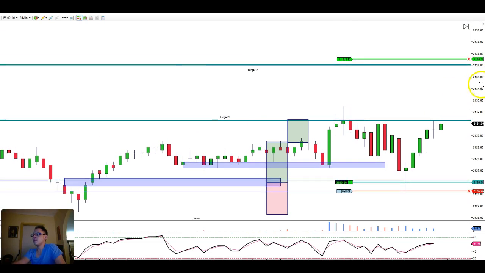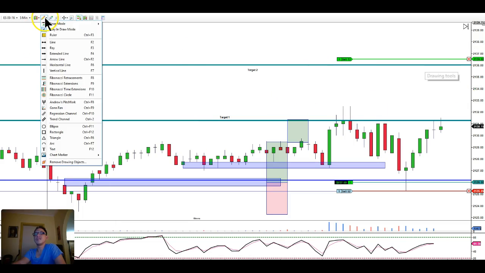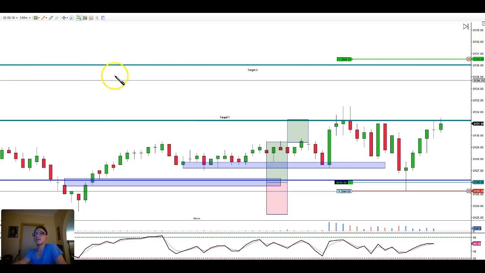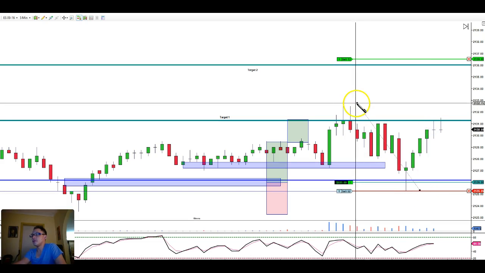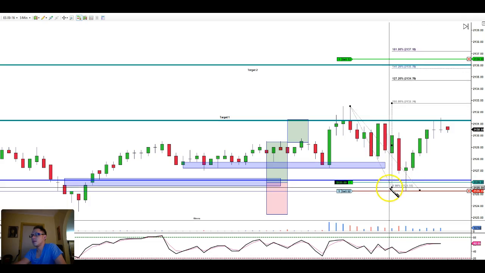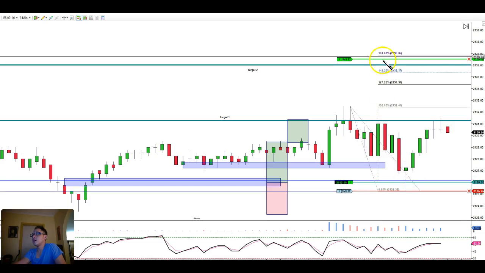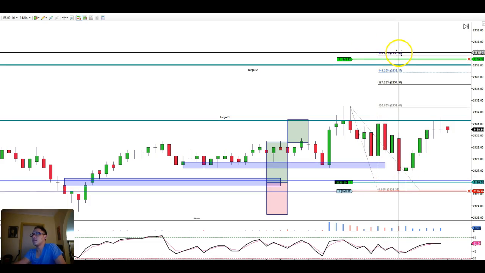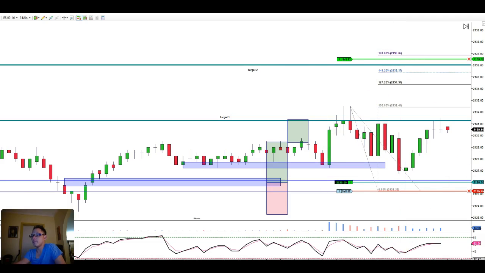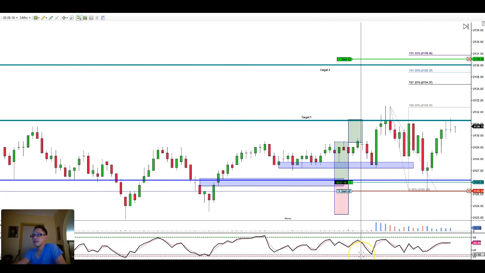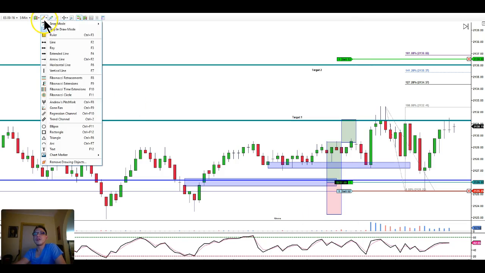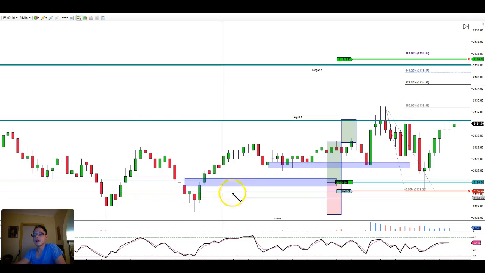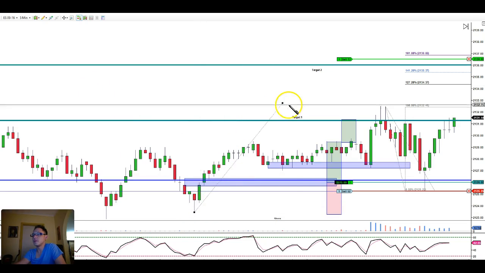So what I'm going to do is look for where I'm going to put my second targets. If I use say a Fibonacci extension technique, I've got the 161 up there, so I can look for targets up there. Let me see if I can draw another fib extension from this swing low to swing high.